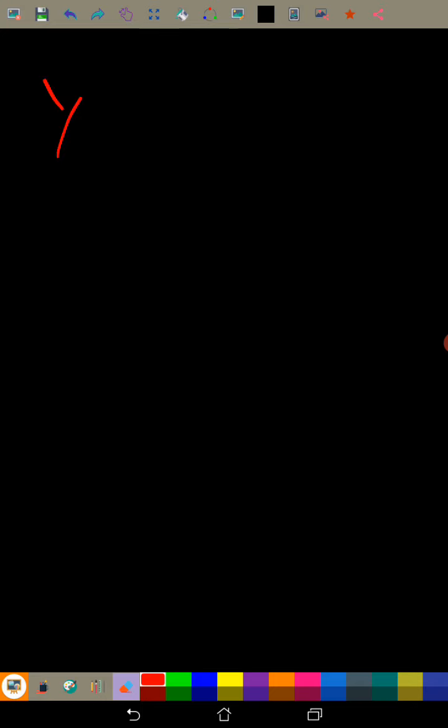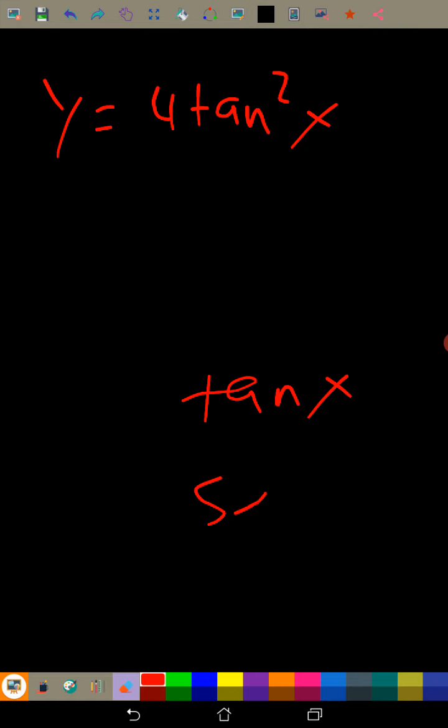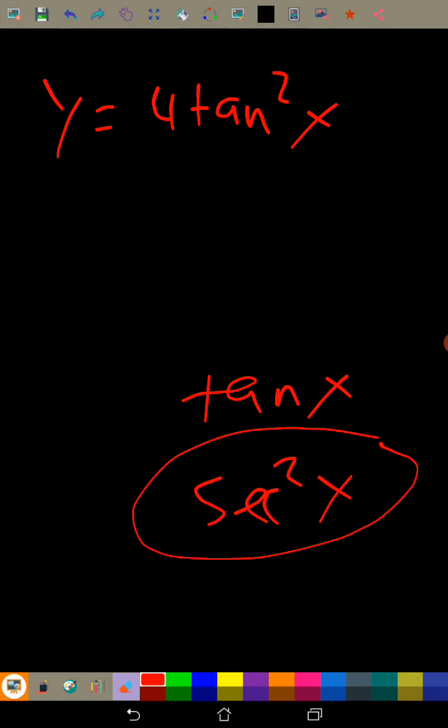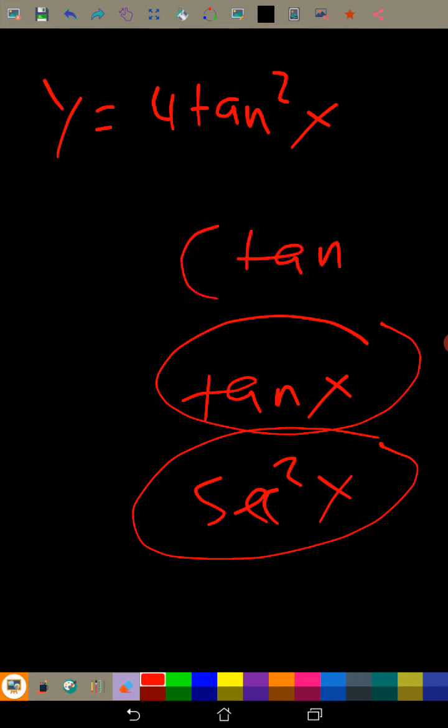Let's do y is equal to 4 tan square x. Okay, we know how to differentiate tan x, which is sec square x, but tan square x, that's tan x squared actually, right?